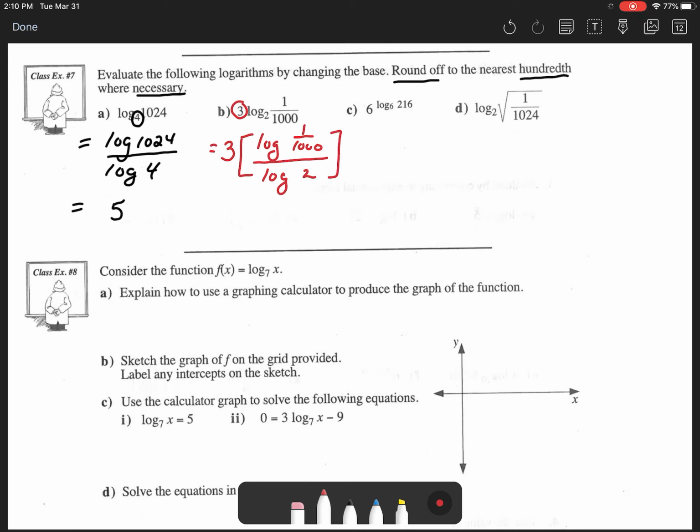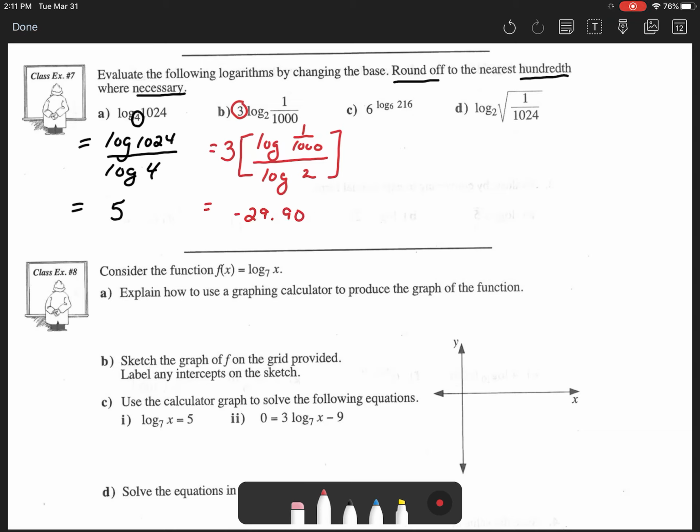I've created a situation where I have a common base, which is 10, so I can use my calculator. So all I do is go log of 1 divided by 1,000, divide by the log of 2, and multiply that value by 3. At the end I get negative 29.90 to 2 decimal places.